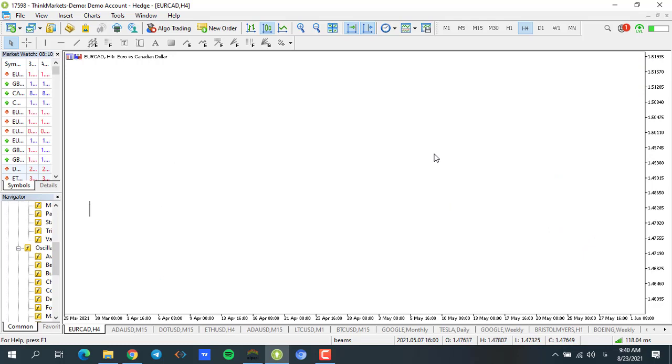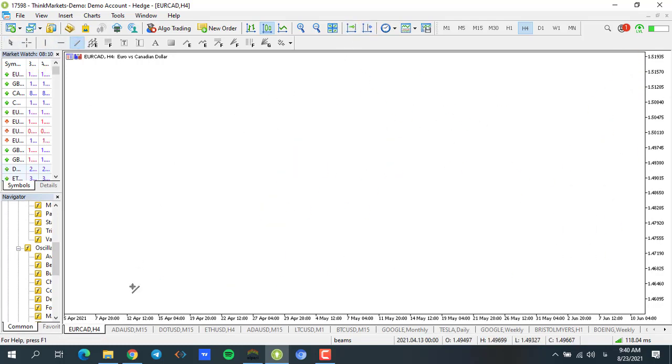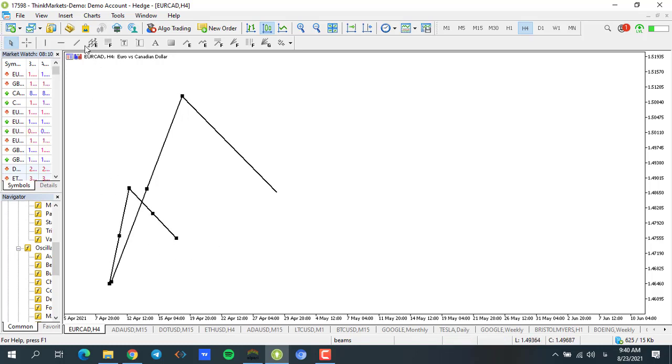The next cycle we have is again an impulse and correction, but this time we have 3 waves in my style. Again, I'm telling you, it's my style, not anyone else's.